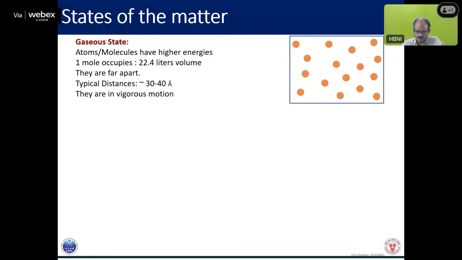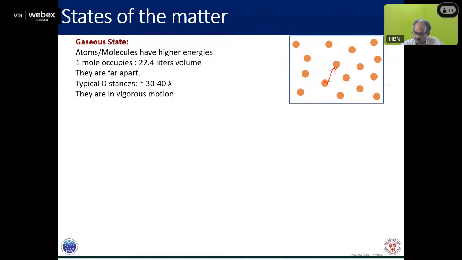And if we see the distance between two atoms, it is typically more than 30 to 40 angstrom, and even more. It depends on how dilute they are. And because they have very high energy, they are in continuous motion, just because of this energy.